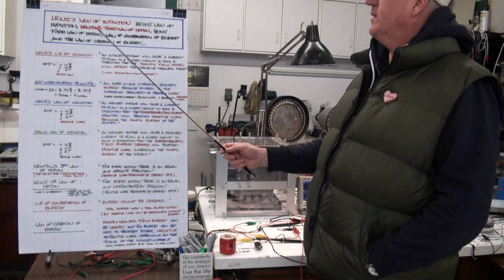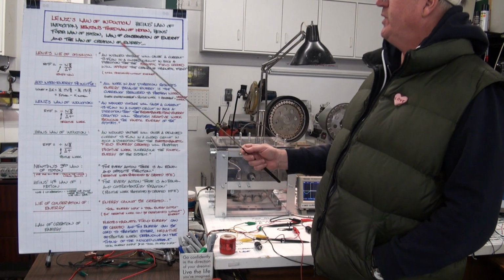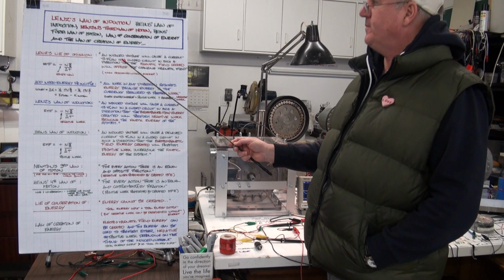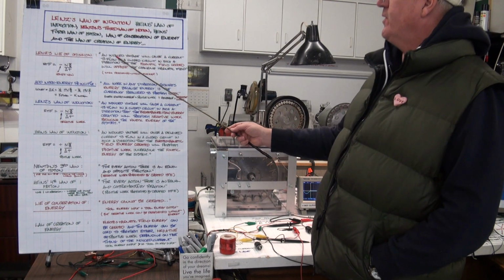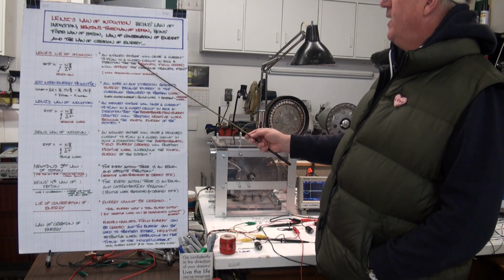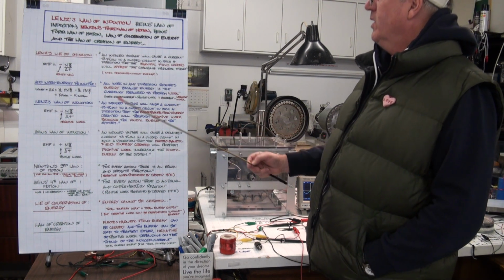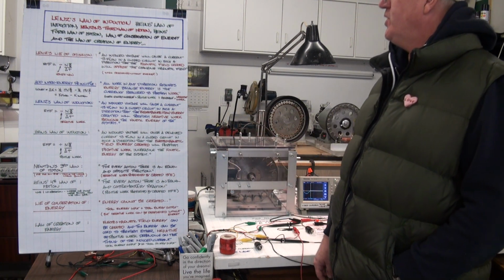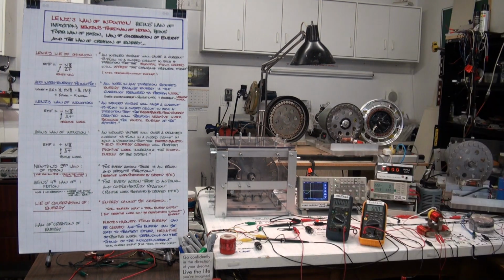So, Lenz's law of induction states that an induced voltage will cause a current to flow in a closed circuit in such a direction that the magnetic field created will oppose the changing magnetic field.